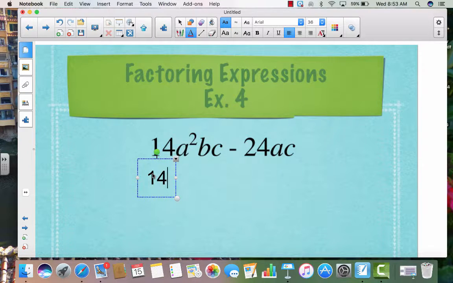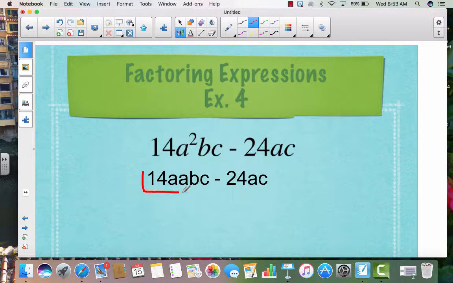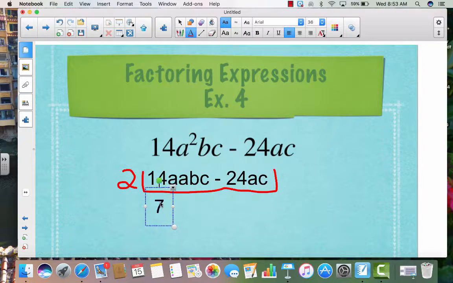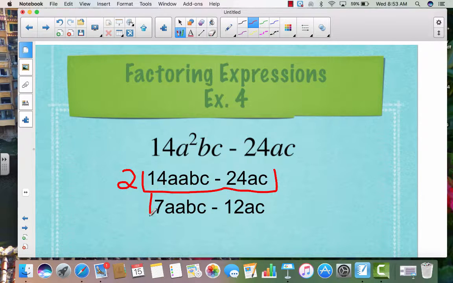So 14aabc minus 24ac. 14 and 24 have a common factor of 2, which leaves me with 7aabc minus 12ac. 7 and 12 don't have any common factors, but I have an a and a c in both of these terms. So I'm going to factor out or divide out the a and the c.